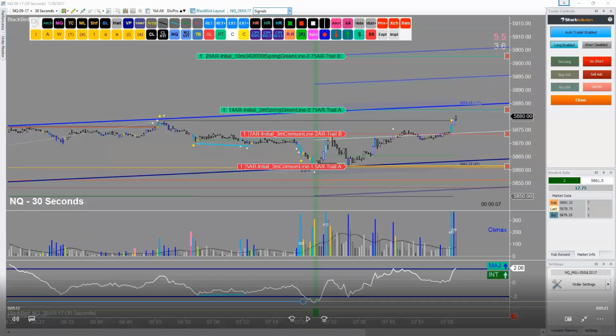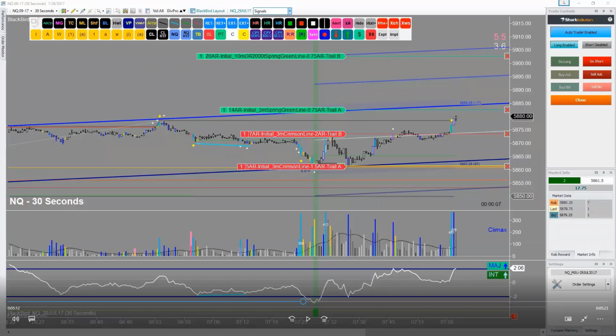And I think I'm up 72 ticks. And I end up giving back most of it, I think. I can't remember how much I gave back, but I gave back an embarrassing amount of ticks on that trade in front of a lot of people. And yeah, it's pretty embarrassing. But now with Blackbird, that will never happen again.